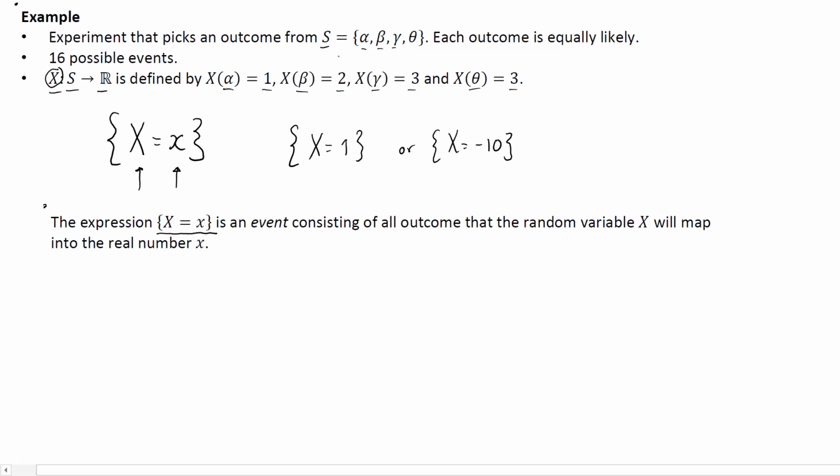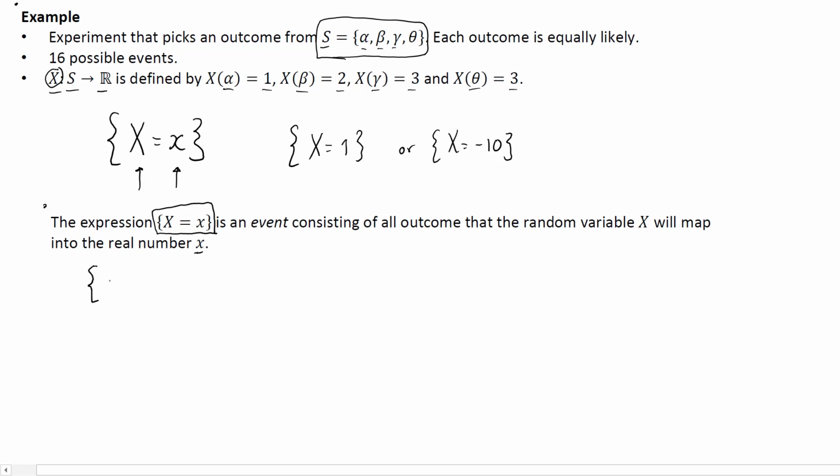So it's a subset of this S right here. And this subset contains all outcomes that the random variable X will map into the real number lowercase x. Exactly what event this is depends on the lowercase x.